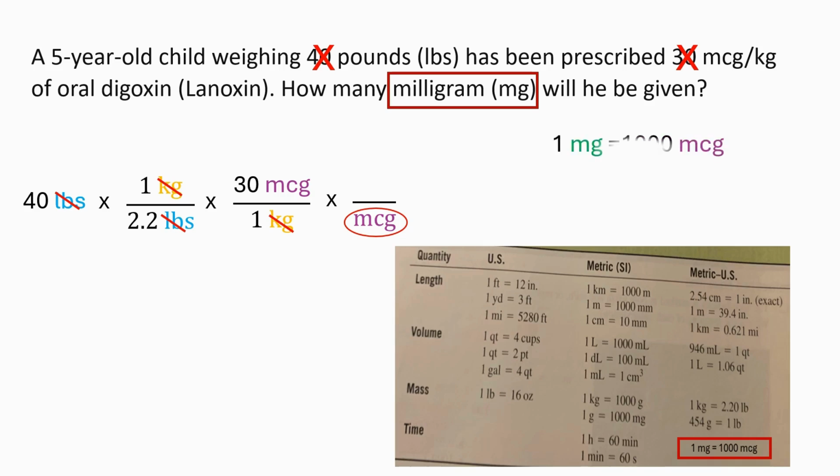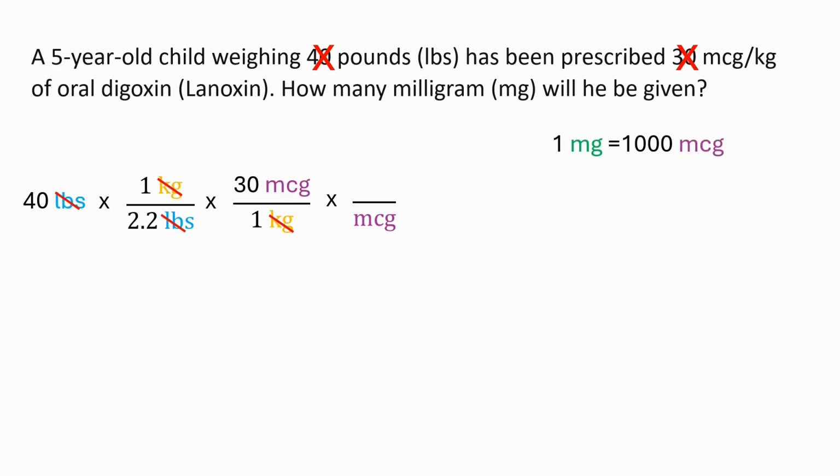So we rewrite it, and since microgram is in the numerator, the 1,000 microgram will go in the denominator, and the 1 milligram will go on top because these two are together. If one is in the denominator, the other one has to go in the numerator.